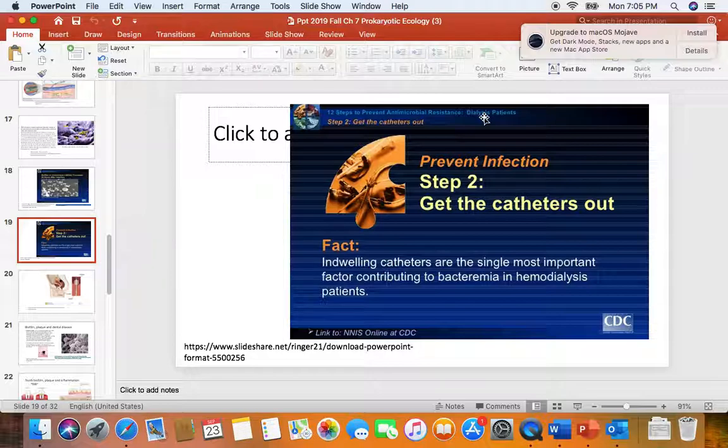So they did a study, and they discovered by increasing the number of times that the hospitalized patients had their teeth brushed, it reduced hospital-acquired pneumonia by like 60%. That is incredible. That is just amazing.